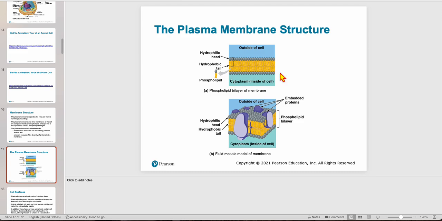And then we again see the balls that are facing the inside because that part is also what? Hydrophilic over here. So the side facing the extracellular fluid is hydrophilic, and the side facing the inside is also hydrophilic. And only the fatty acid tails, these yellow fatty acid tails, are hydrophobic, which are oily.